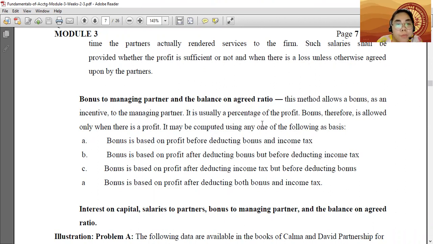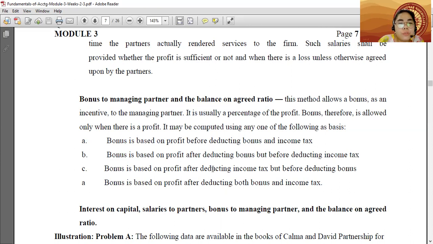It may be computed using any one of the following as basis. First, bonus is based on profit before deducting bonus and income tax. Bonus accounting is somehow very tricky and difficult at first, but we'll see if we can make this easier.